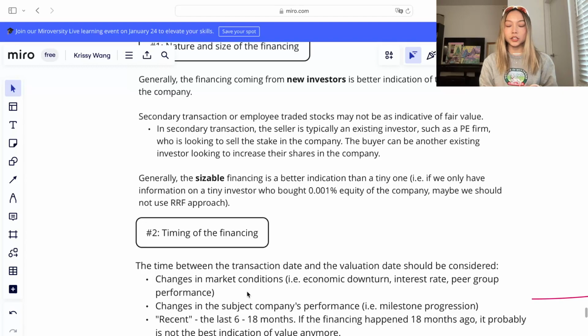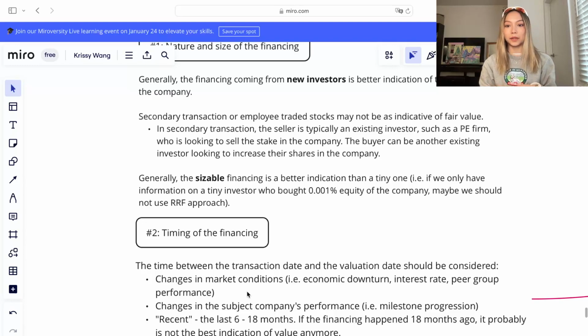Market condition changes can be an economic downturn, an interest rate hike, or peer group performance, and changes in subject company performance can be milestone progression or missing a revenue target. And just to be clear, when we say recent, ideally you want the recent round of financing data you're using to have happened in the last 2 to 18 months.